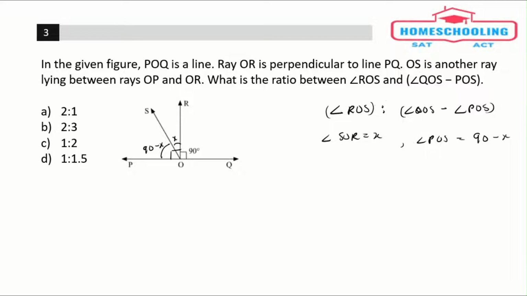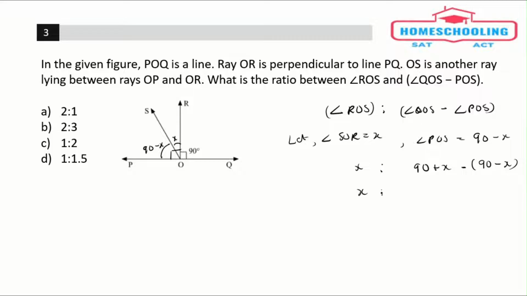Now let's see angle ROS. Angle ROS would be x, and angle QOS would be 90 plus x. The difference is 90 plus x minus angle POS, and angle POS would be 90 minus x.